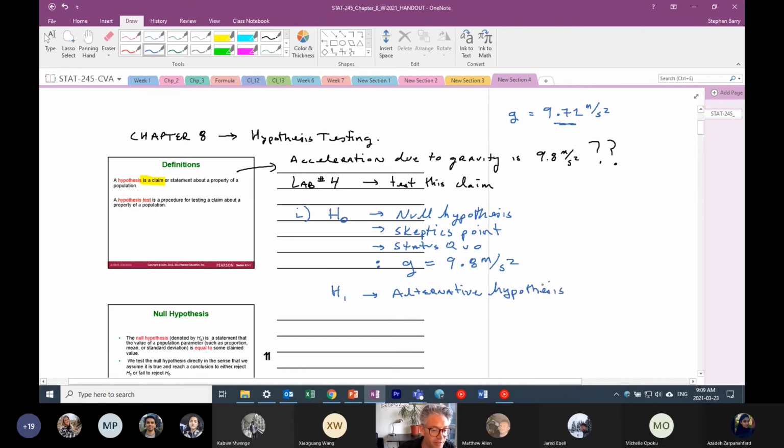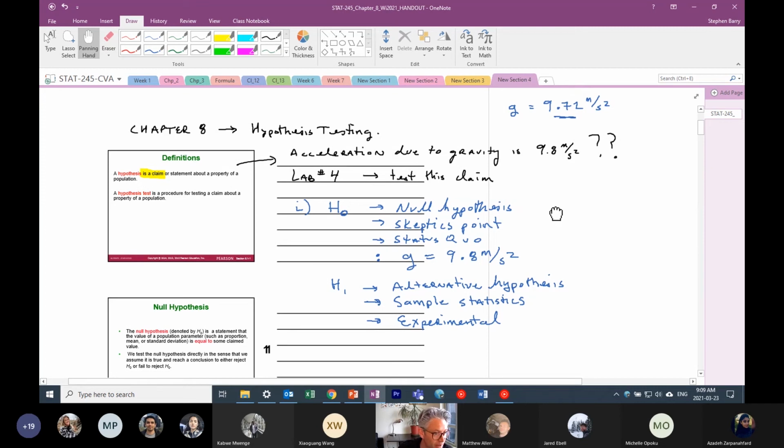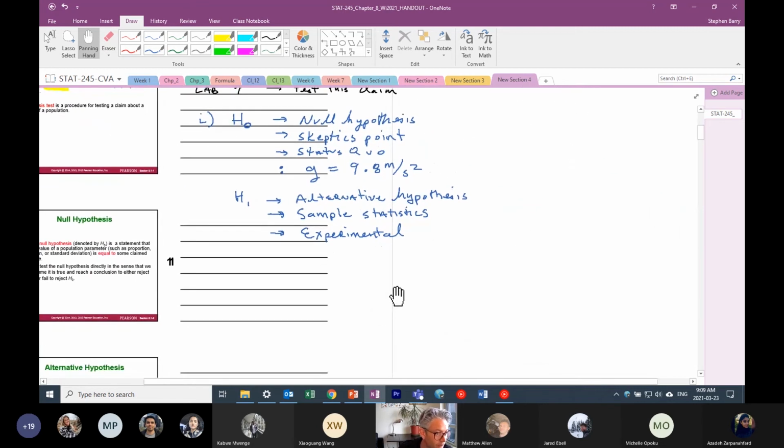You're seeing if it's good enough to hold up against the scrutiny of science, right? So this is the sample results. This is where you're building this pendulum to test whether or not the acceleration due to gravity is 9.81 or if it's something else. And if it is something else, that is your alternative hypothesis.